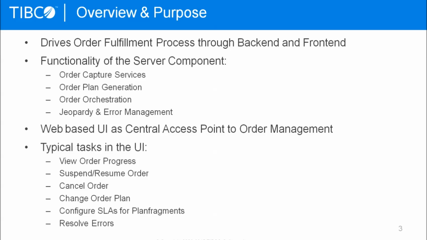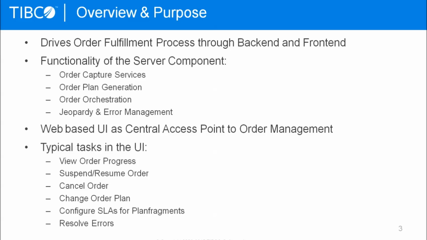Once the order is submitted, it will generate a plan for the order. So based on the products you ordered, it will generate tasks that need to be fulfilled. And this generated plan will then be orchestrated by executing the tasks in the correct order with the correct dependencies.